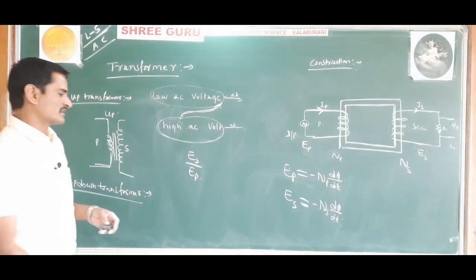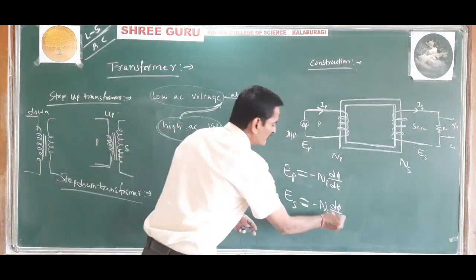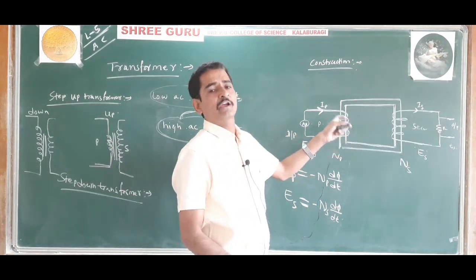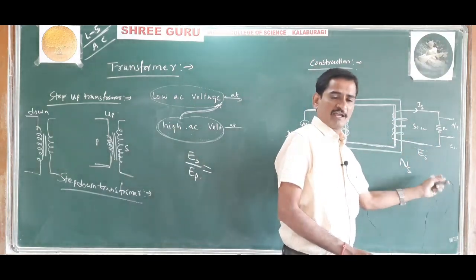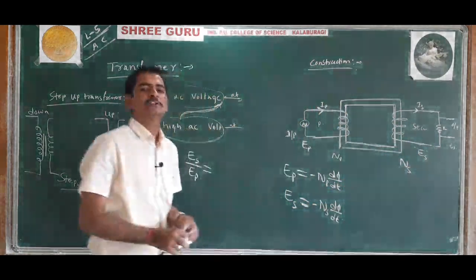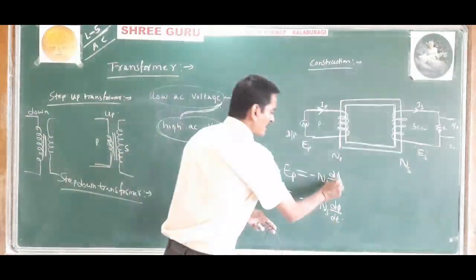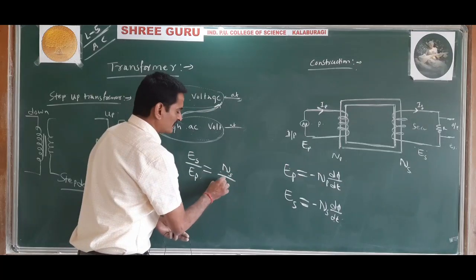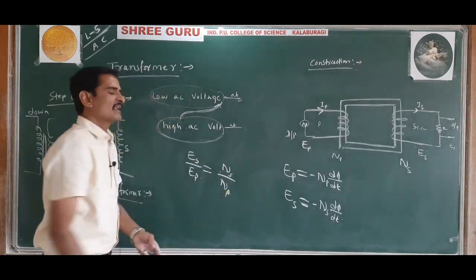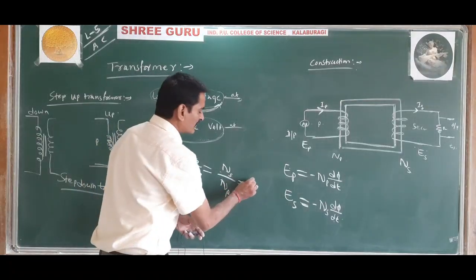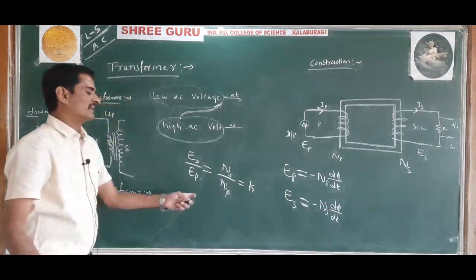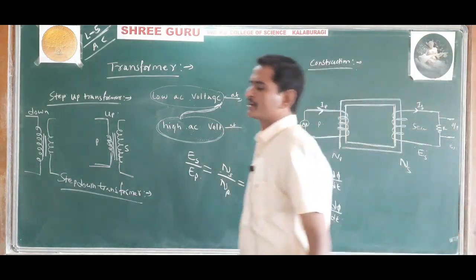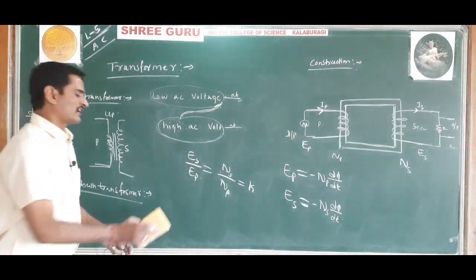The magnetic flux linked with both the coils is the same, so dφ/dt cancels and you get ES/EP = NS/NP, which can be written as equal to a constant K. K is called the transformation ratio, transformation constant, or turns ratio.